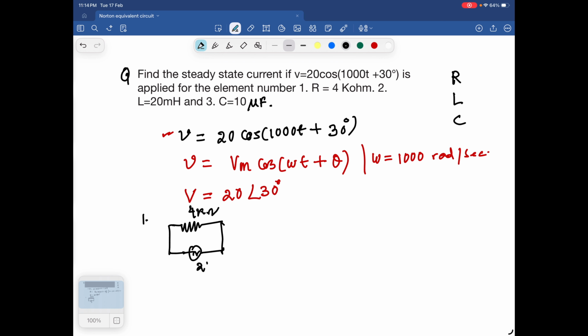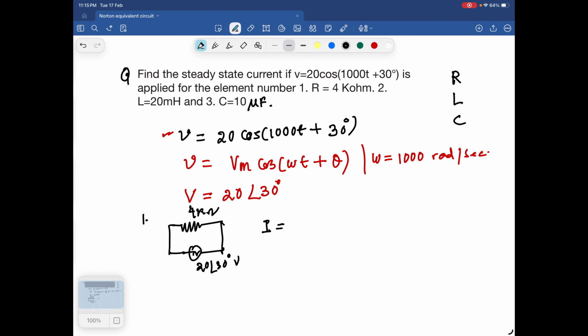Voltage 20 angle 30 degree is applied to this circuit. So we have to find out the steady state current. Steady state current means the RMS value.